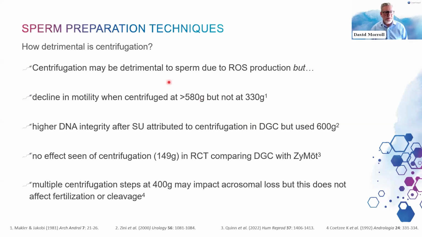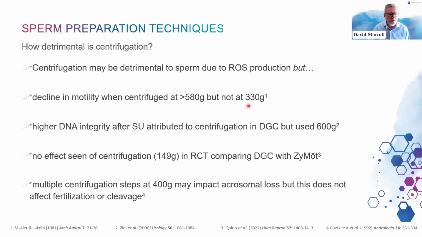Well, it can be detrimental and it can cause reactive oxygen species production. But if you go to the primary papers, Mackler and Jacobi, back in 1981, only demonstrated a decline in motility if you go above 580G. When they spun sperm at 330G, there was no impact on motility.